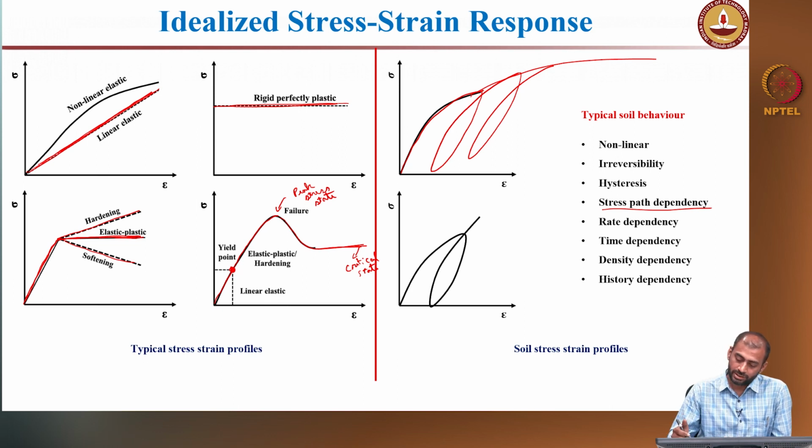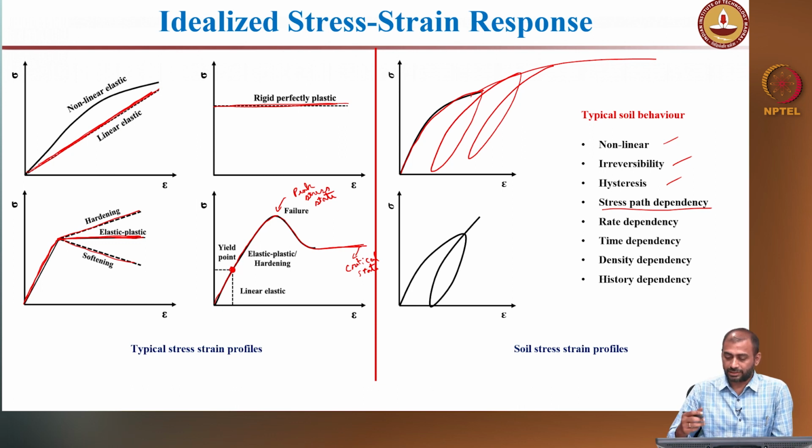So with all these things, the complexity of modeling soil behavior becomes even more challenging, right? So we have all this nonlinearity, irreversibility, hysteresis, stress path dependency, rate dependency, time dependency, density and history dependency.